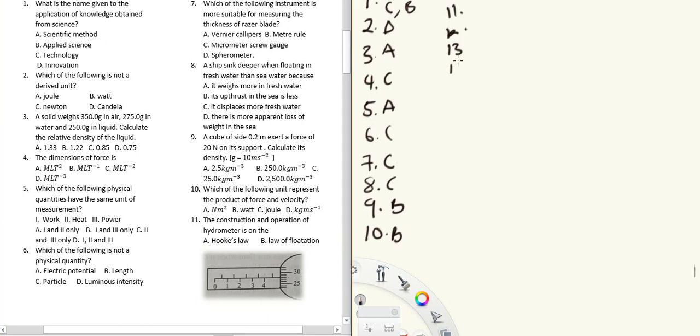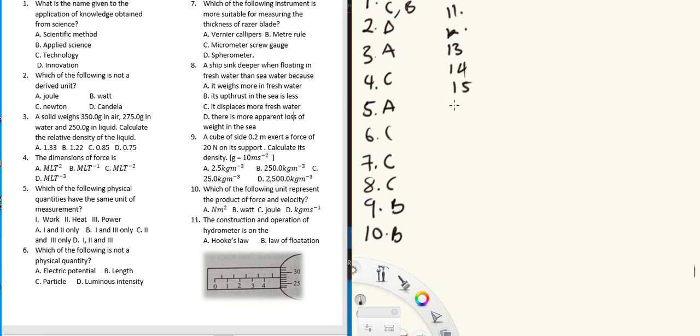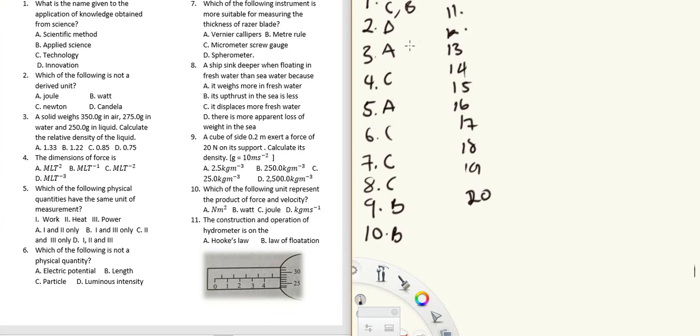So let's write a few numbers, from 1 to 15, 16, 17, 18, 19, 20. Okay, so hydrometer is an instrument that is used to measure the density of liquid.